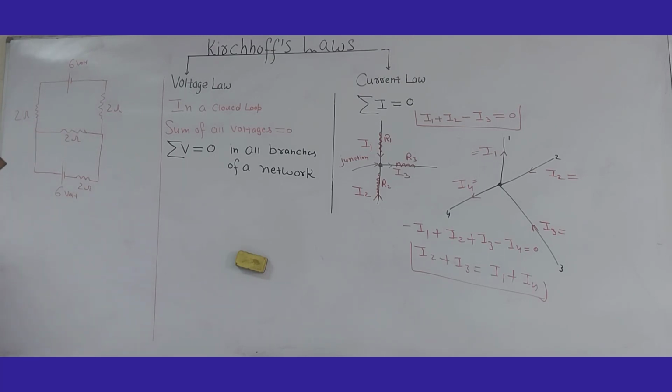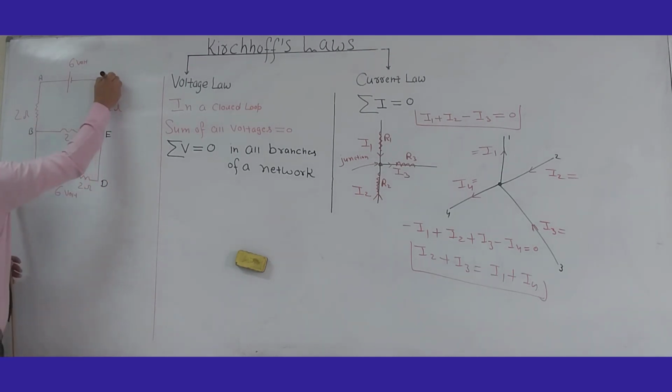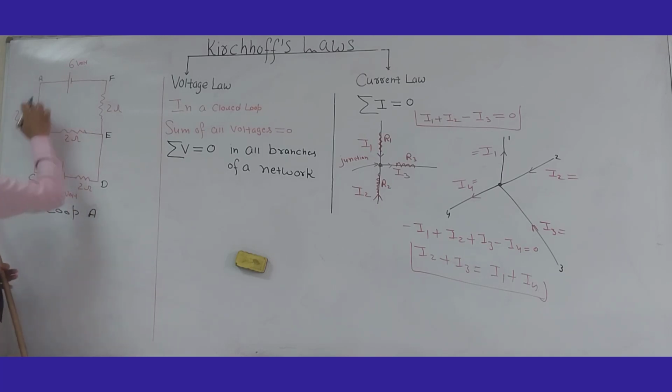There is a rule for when the voltage is positive. What is the rule? So assume this is A, B, C, D, E, and F. Let me take the first upper loop, A, B, E, F. So it is a closed loop, right?